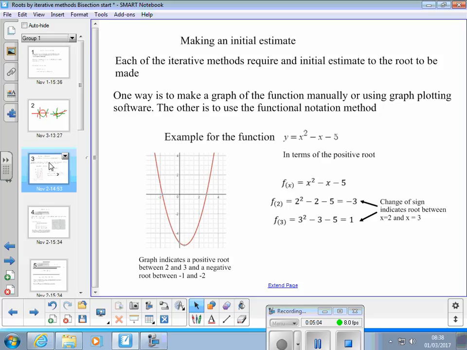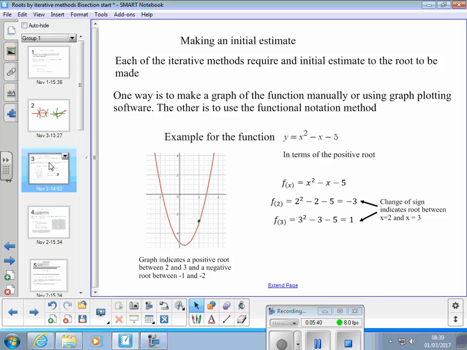Alternatively, and it confirms that a little bit, if we've got this function x squared minus x minus 5, we want to find the roots of that. We can evaluate that at different values, and we can see that we've got a root between 2 and 3. If we evaluate that function when x is 2, we get an answer of -3, and that's this point down here.